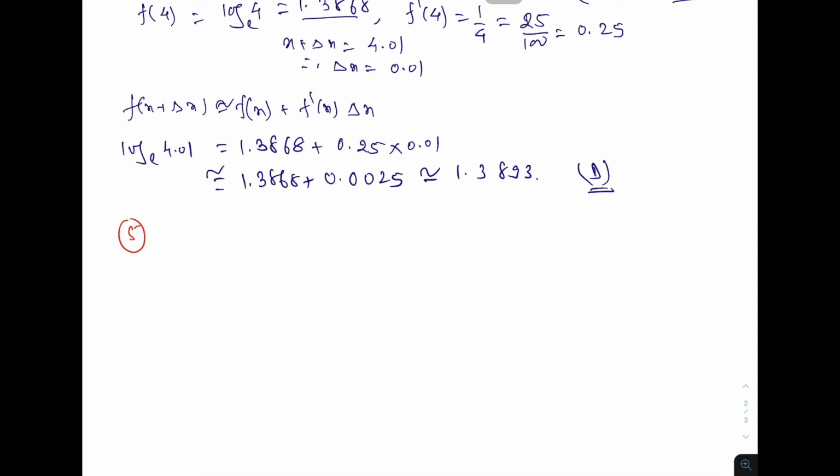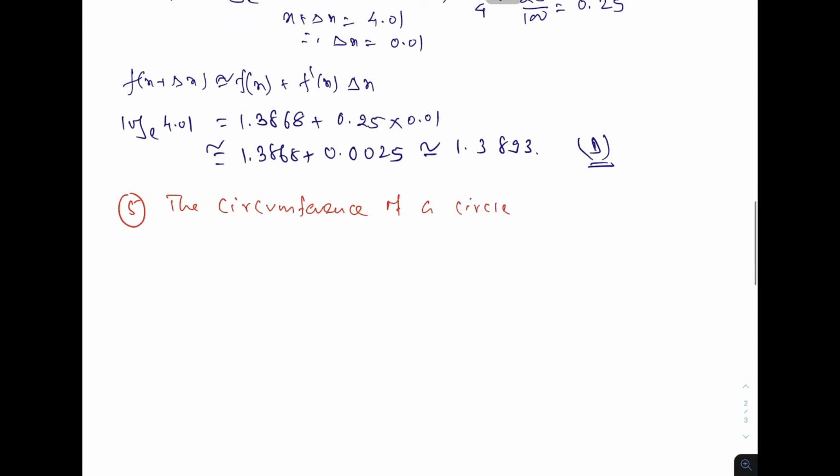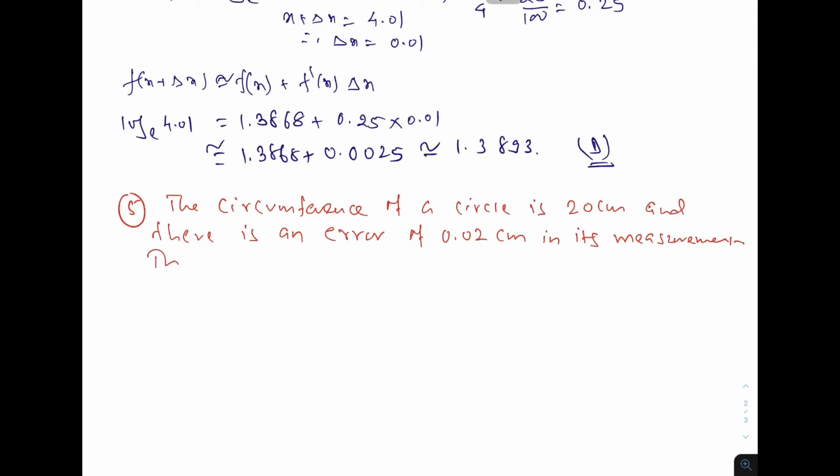That the circumference of a circle is 20 centimeter, and there is an error of 0.02 centimeter in its measurement.